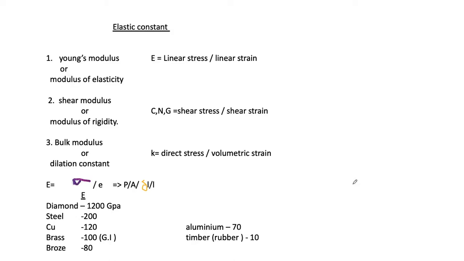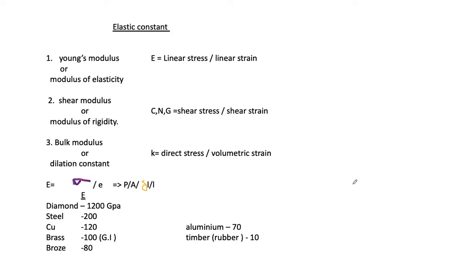Elastic constants: we have Young's modulus or modulus of elasticity E, which is equal to linear stress by linear strain. Shear modulus or modulus of rigidity we can denote as C or N or G, which is shear stress by shear strain.